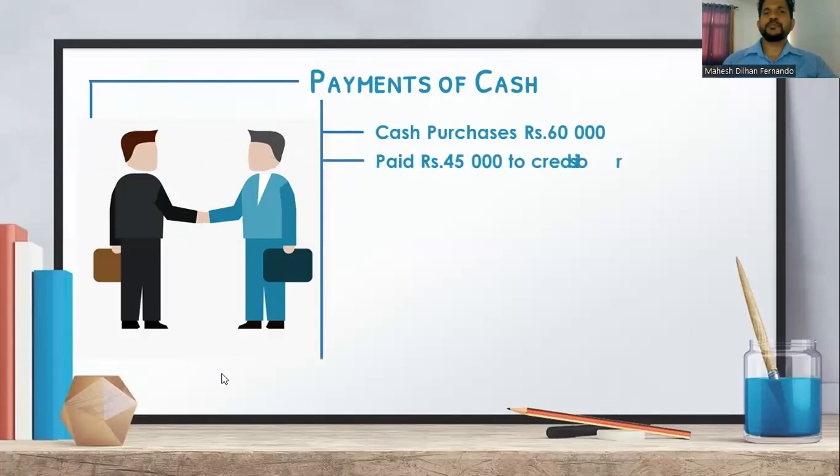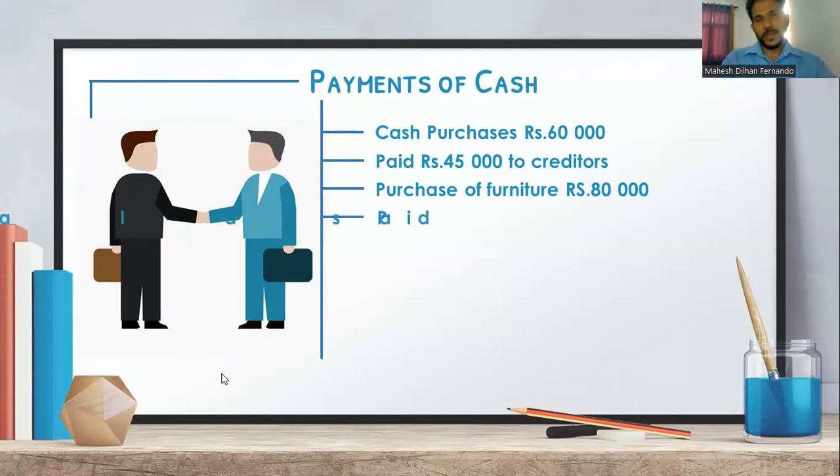Second, paid 45,000 to creditors, another payment, which means there is a cash outflow. Next, purchase of furniture 80,000, another payment. Next, paid salaries rupees 50,000, another payment made in cash.